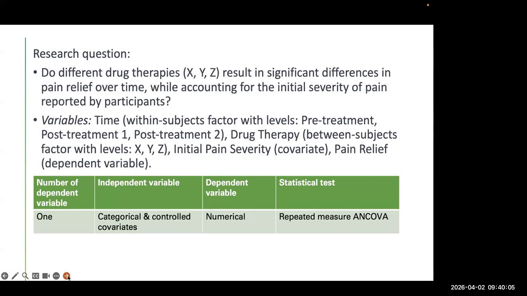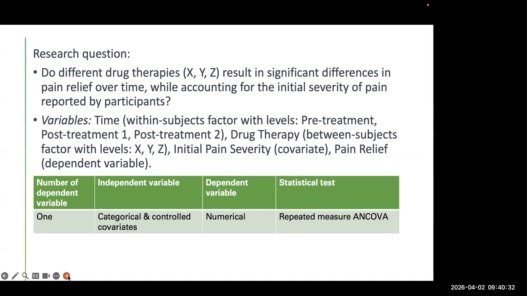Okay, next. Do different drug therapies result in significant difference in pain relief over time while accounting for initial severity of pain reported by the participant? Here, initial severity of pain becomes the covariate. That means you want to control that one because it might affect the pain relief among the participants.